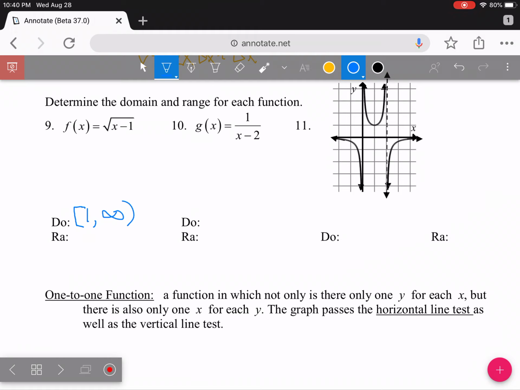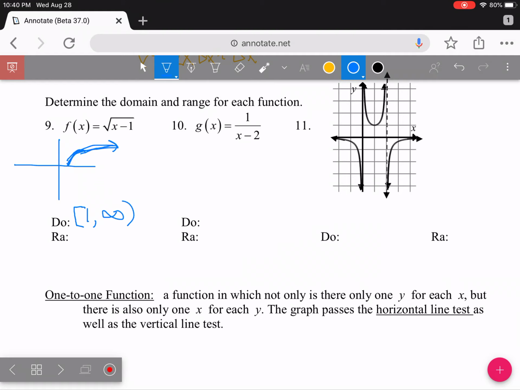Now my range for this one, to see the range, we really can graph it. That's usually the easiest way. Now remember, this is the top half of a sideways parabola, and because of this minus 1, we're moving over 1. And we know that because that's what our domain is. Oh, that's beautiful.